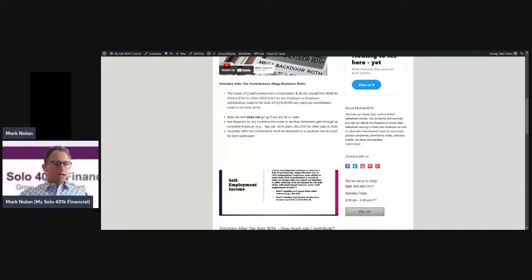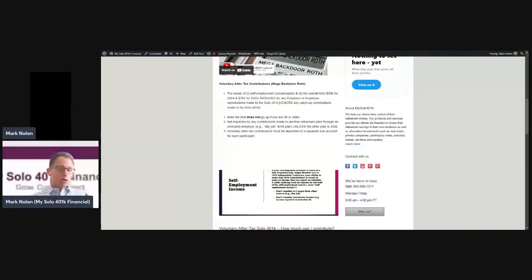So in sum, the maximum that you can contribute to a solo 401k on a voluntary after-tax basis as part of the Mega Backdoor Roth strategy is $69,000 for 2024, $70,000 for 2025, and you cannot contribute the catch-up to the voluntary after-tax solo 401k for those age 50 or older.